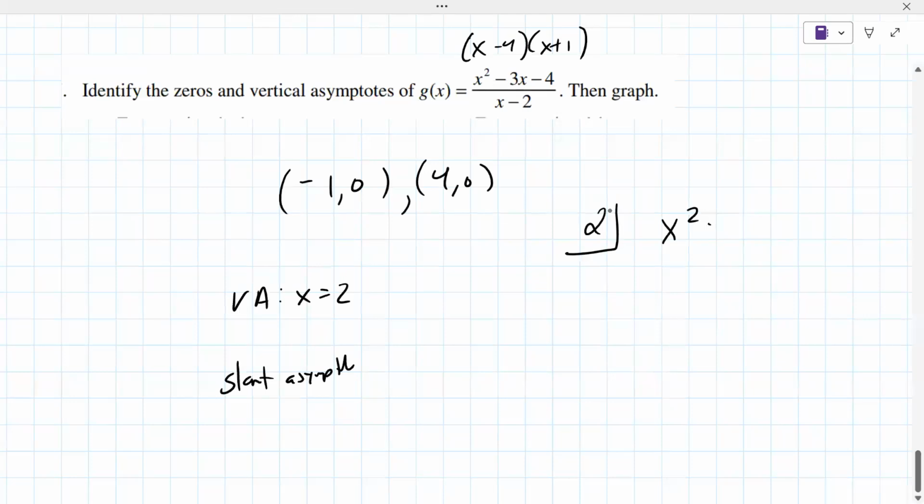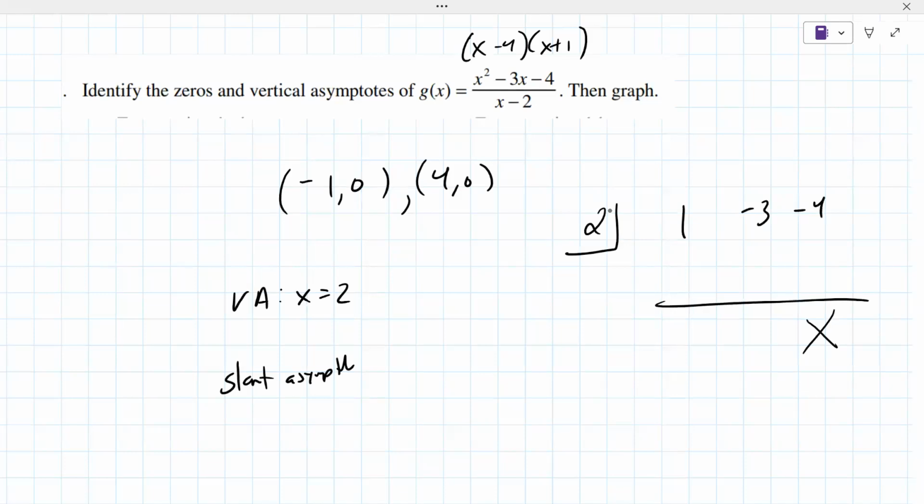Oh yeah, right. You do the synthetic division. You take the vertical asymptote and divide it into the numerator using synthetic division. If you go ahead and do that, you only care about the first two terms here. 1, -3, -4, 2, 1.